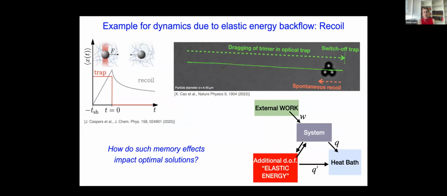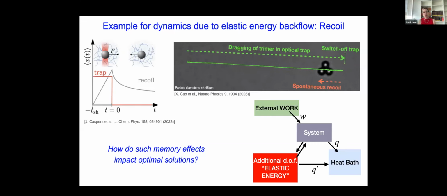And we can actually see this energy backflow quite easily in experiments. So here you see a so-called recoil experiment where a particle, or in this case, actually it's a trimer of 3 colloidal particles, is trapped in an optical tweezers. And the tweezers are dragged for a certain time. And then at the end, the trap is simply switched off. If you had a viscous fluid, the particle would just come to a rest at, up to fluctuations, the position where you switched off the trap.